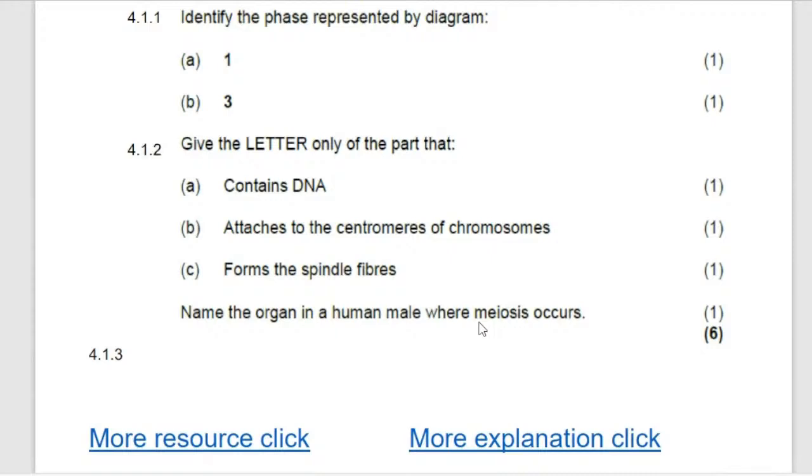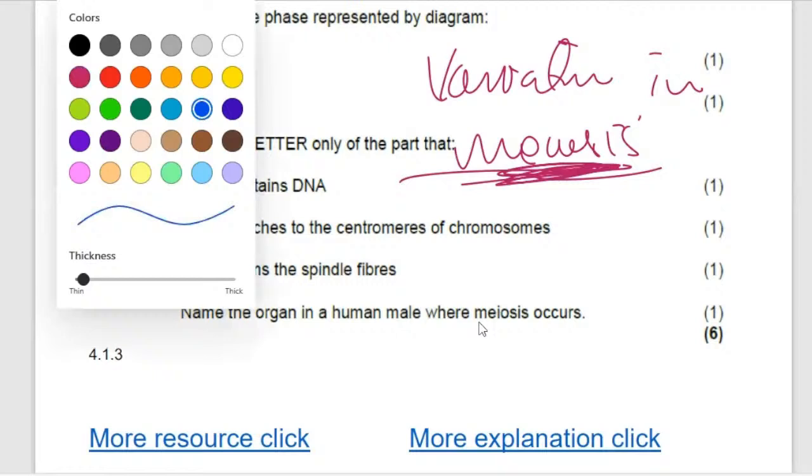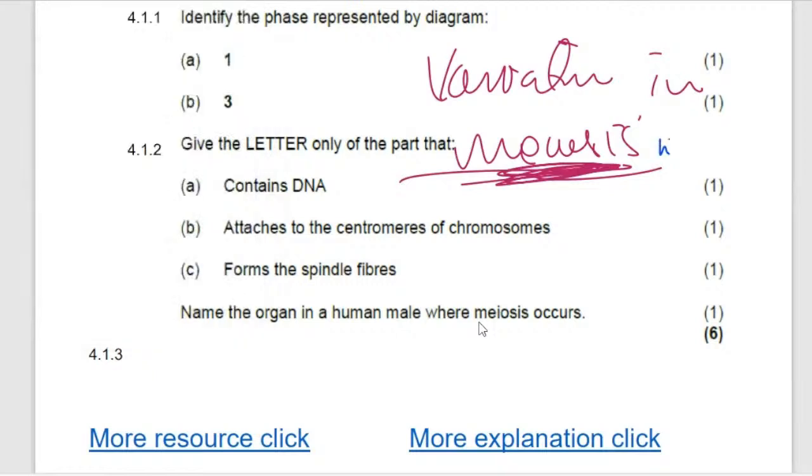Give 2 causes of variation in meiosis. Guys, they are saying in meiosis. They're not talking about the causes of variation in general. So what are you supposed to talk about here?